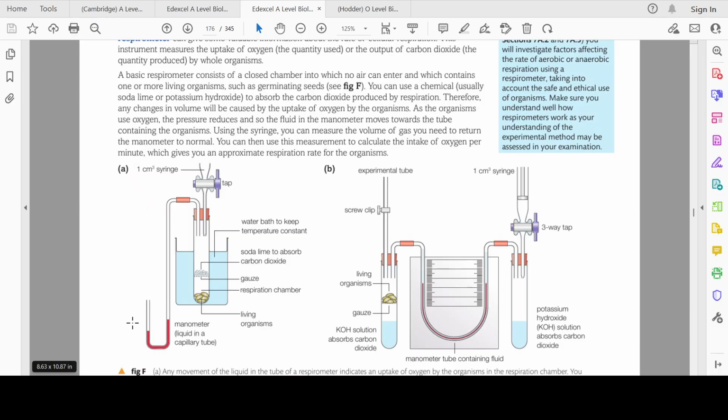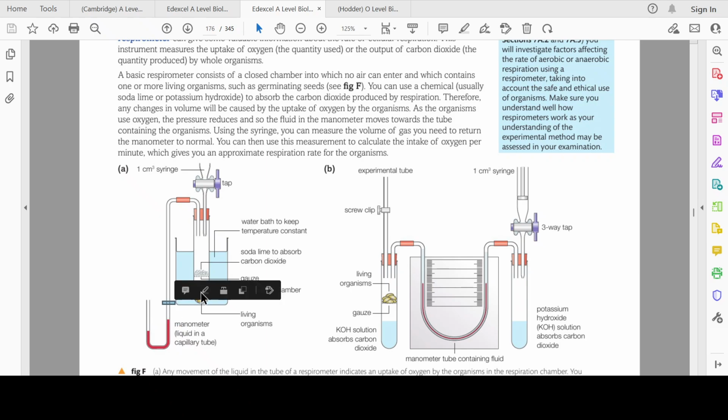And the way that we're going to measure this is there's a liquid in the manometer over here, and as oxygen is utilized, the pressure of air in the tube that is pushing on the liquid in the manometer will decrease, and so the level of this liquid will rise.